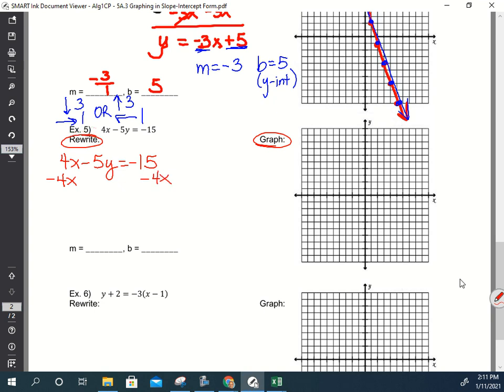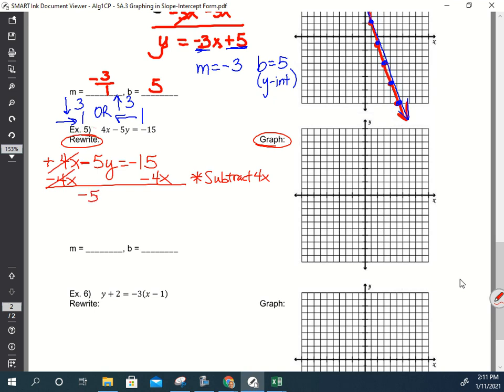I like that Amy said what she said. Remember, this minus sign belongs to the 5, which means this 4x is positive. So to get rid of it, you would subtract 4x. The 4x's drop out.